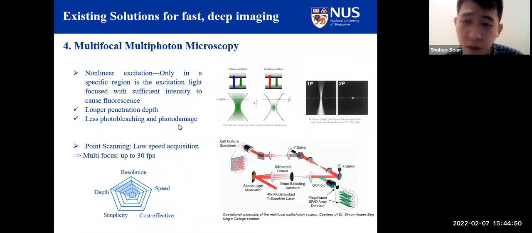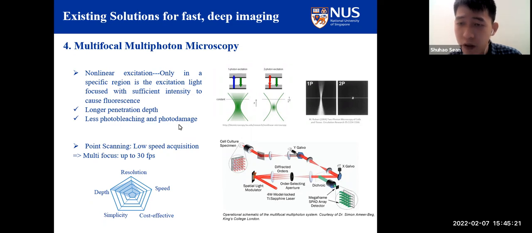And when we talk about deep tissue imaging, the multiphoton microscope is currently the gold standard because it uses a nonlinear excitation of focus, and only a small volume can generate fluorescence at the focal point. And then people have used a technique called multifocal excitation so that it can largely increase the frame rate.